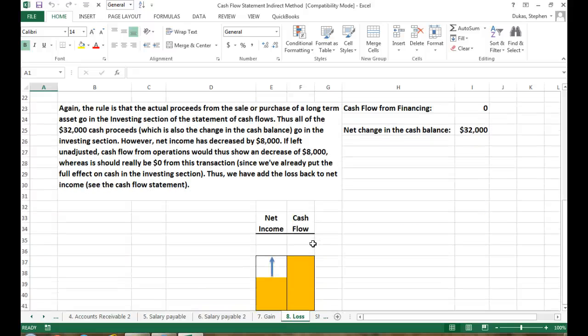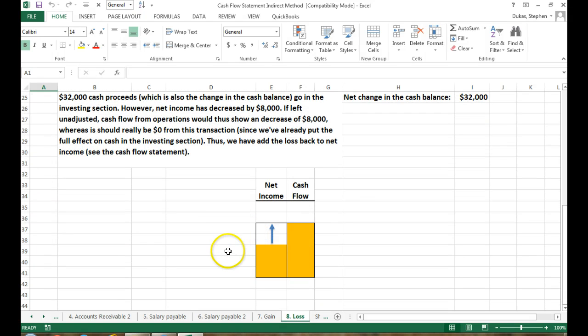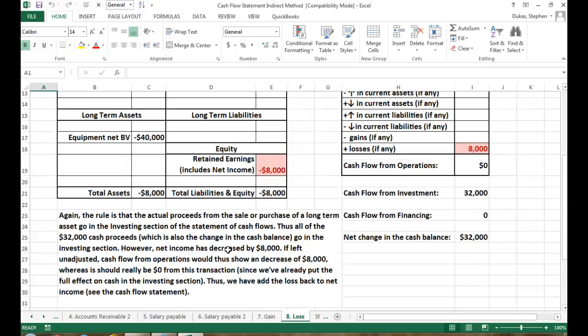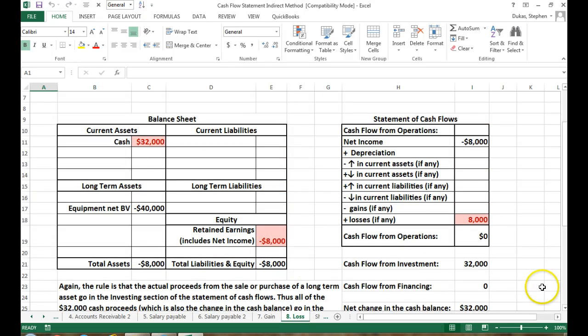However, net income has dropped. From a cash flow standpoint, we have to back that loss out of net income. And here's why. On the cash flow statement, the cash from investment is $32,000. That's the correct amount of the cash flow. Net income, however, is showing a minus $8,000 loss.